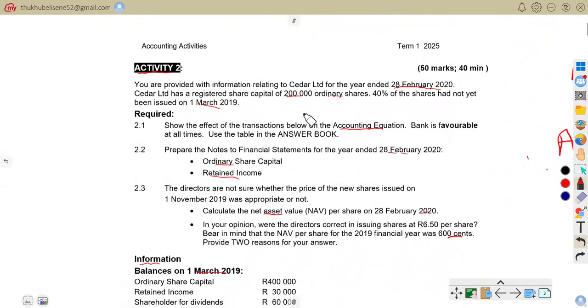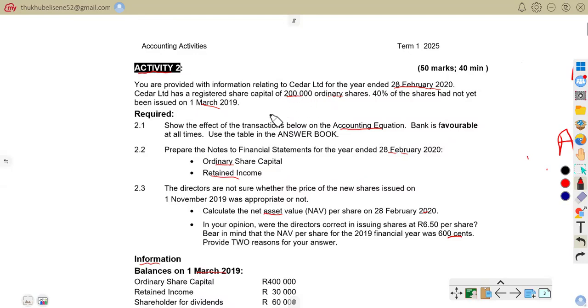An authorized share capital is the maximum amount of share capital a company is legally allowed to issue. Meaning this company, Said Ltd, is allowed to issue how many shares? 200,000 shares. That is the maximum amount of share capital it is allowed to issue. That is what we call authorized share capital.